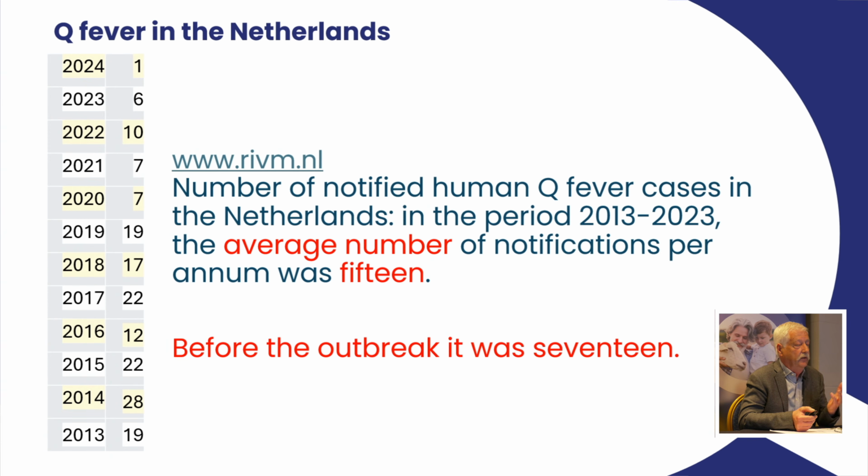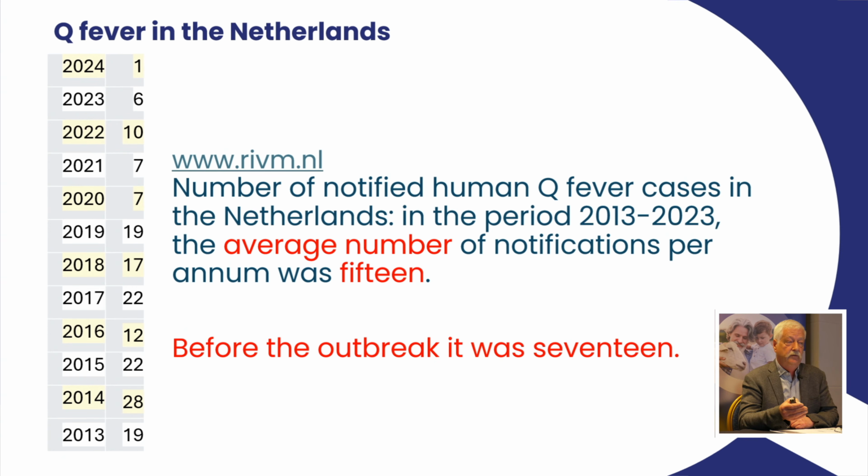If you look at the website of the RIVM, where Q fever is mentioned in this way, you see the number of confirmed cases in 2013, only 19, in 2023, 6, in 2024, only 1. So the average number before the outbreak was 17, and it went down afterwards to 15.